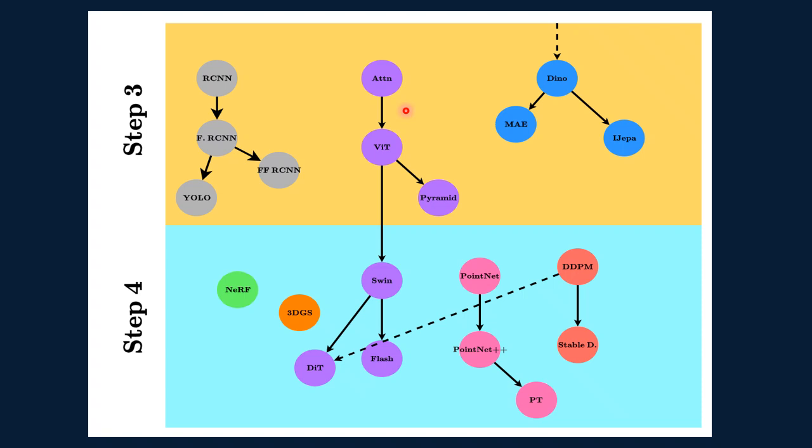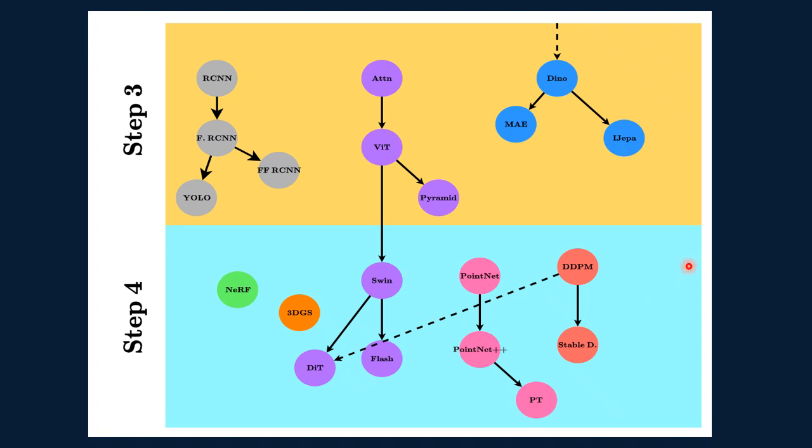That is why we are introducing the vision transformer, or ViT. ViT patchifies the image, slices it into patches, flattens them and projects them into embeddings using a linear projector, and processes them. And to improve the efficiency of the vision transformer, the Pyramid Vision Transformer and the Swin Transformer were introduced.